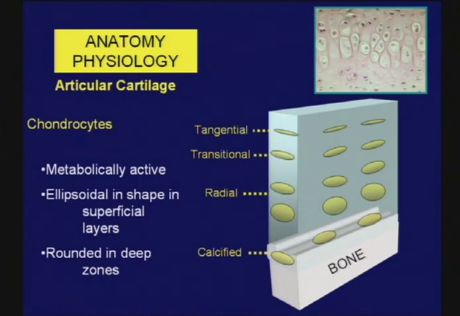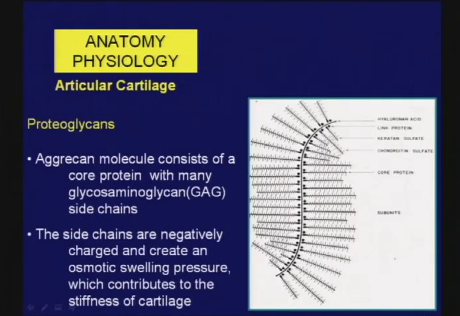They become rounded and larger as we extend down into the deeper layers, and then they change shape again in the calcified layer. So the cells are certainly part of the story of the articular cartilage, as are the proteoglycans. These are large aggregate molecules, and this is what they look like.